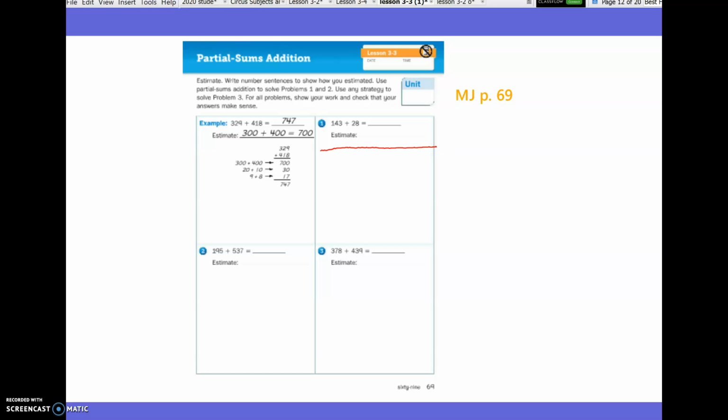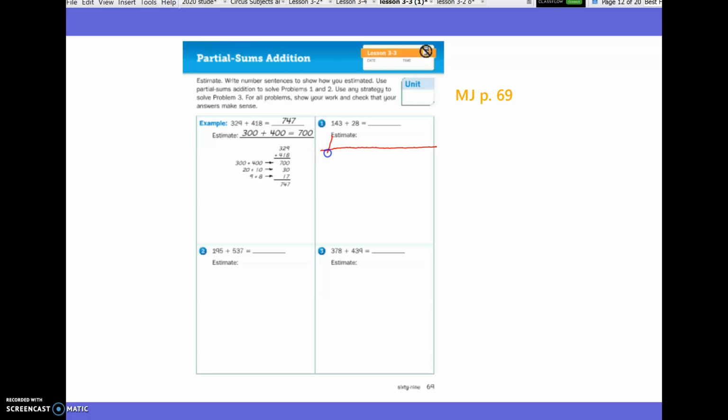So you've got 143 plus 28. You can estimate that answer. That's what you need to do, but you need to round the addends to close but easy to use numbers. So I've got 143. 143 is between 100 and 200.